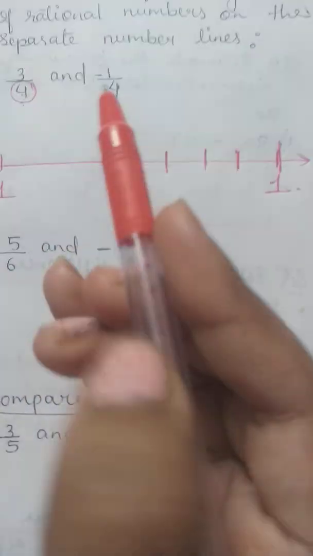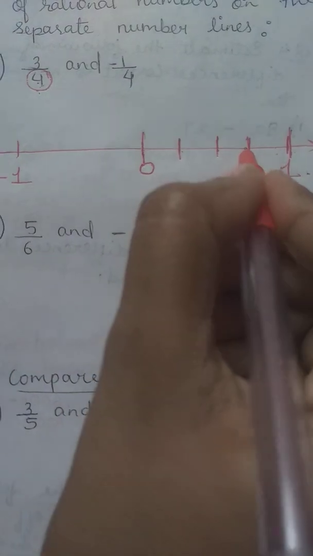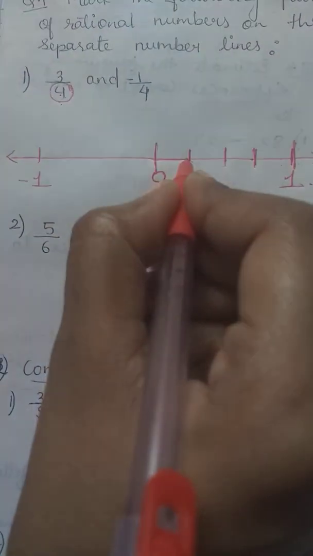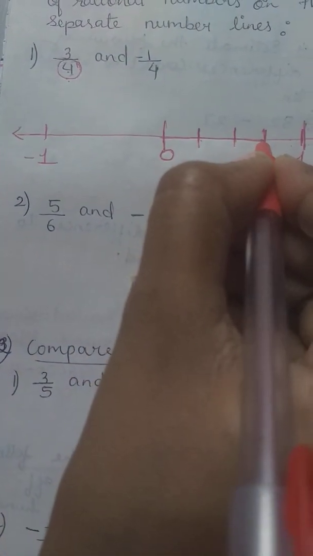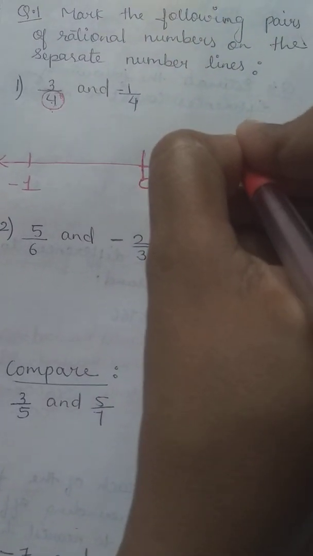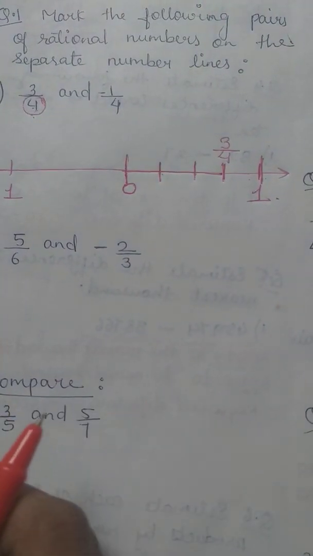After this, what is in the numerator? Numerator 3, so we move 3 steps: 1, 2 and 3. So here our answer is 3 upon 4.